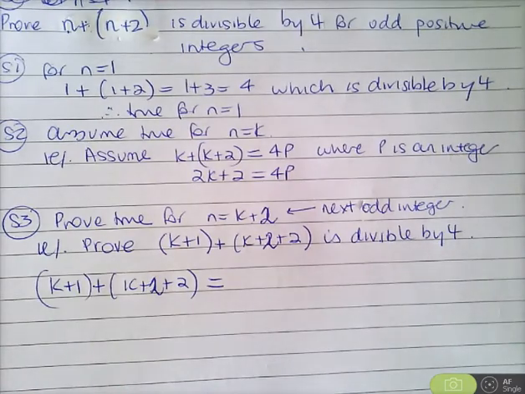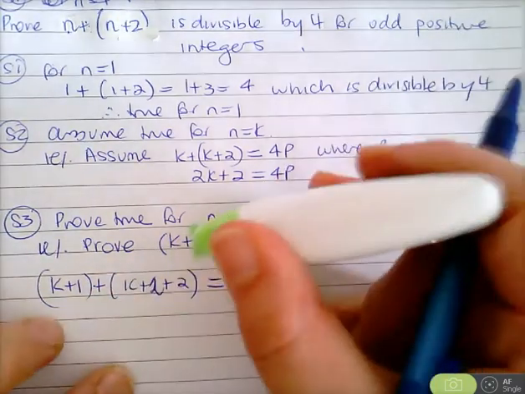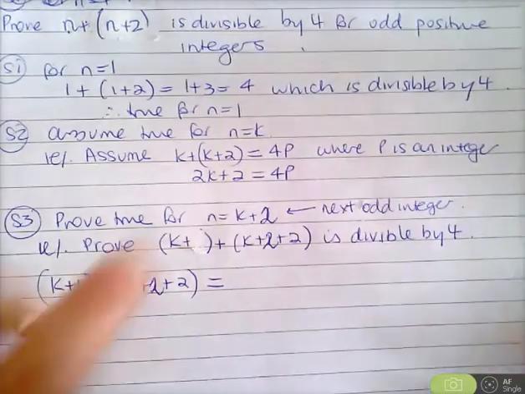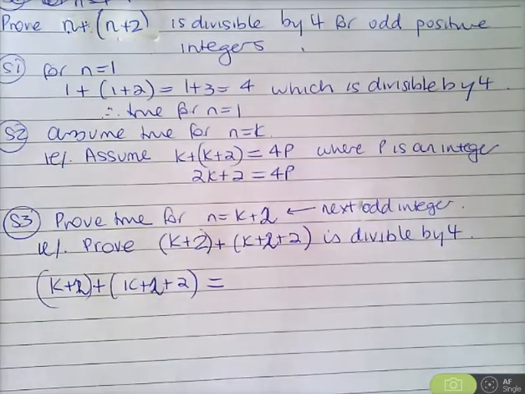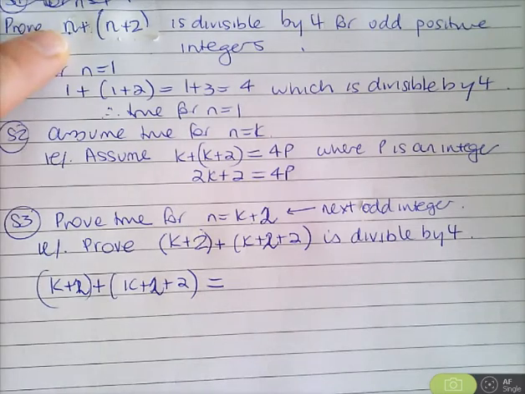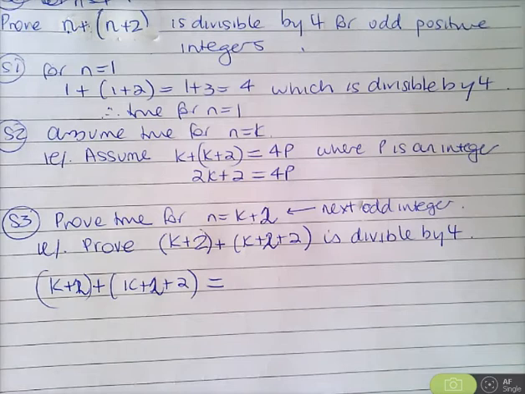Good. So we're replacing the n. Remember, with the odd and the even questions, we don't do n is k plus 1. We do k plus 2 because that gives you the next even or the next odd, depending on what you're starting with. We're starting with n is 1, which is the first odd, so the next one will be n is 3.